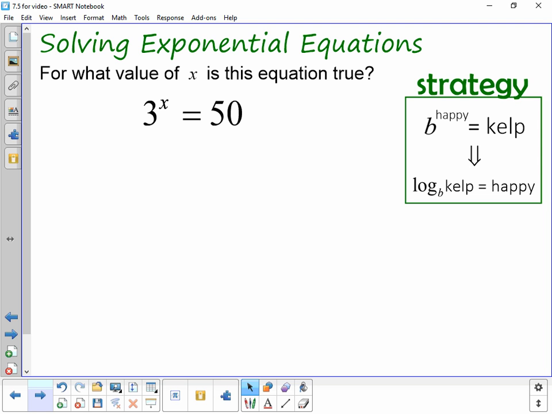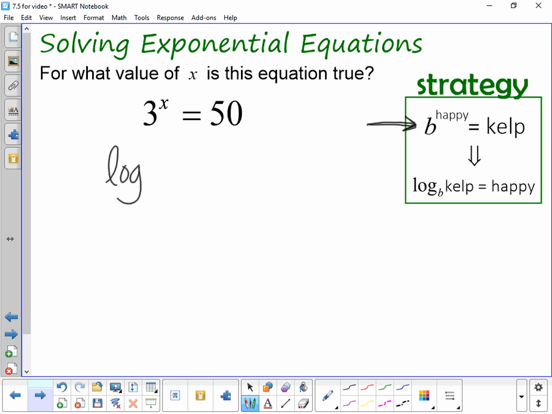And the strategy that we're going to use to solve for x is the strategy of rewriting an exponential equation as a log. So right now we have 3 to the power x equals 50. We can rewrite that as a log, and if we rewrite it as a log, the base, whatever base you're in, becomes the base of the logarithm.